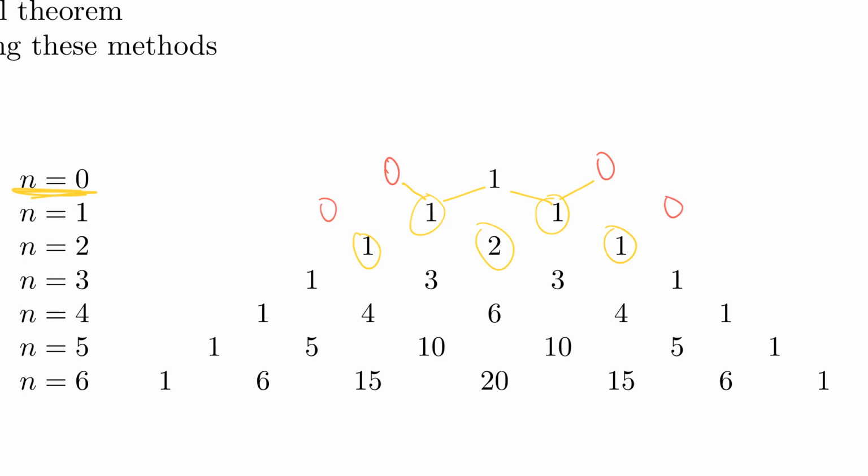And then we move on to the next row, 0 and 0. And we start again. 0 plus 1 is 1. 1 and 2 is 3. 2 and 1 is 3. 1 and 0 is 1.